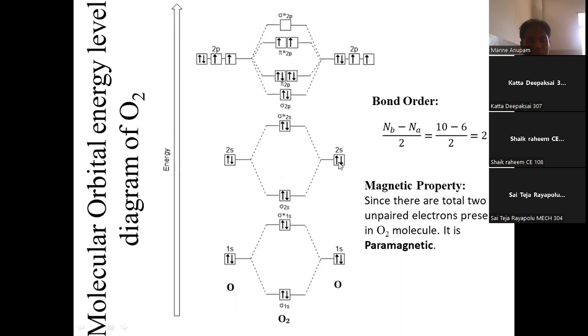The 2s orbitals are both combining and giving sigma 2s and sigma star 2s. 2p and 2p are combining to give sigma 2p, pi 2p, pi star 2p and sigma star 2p.